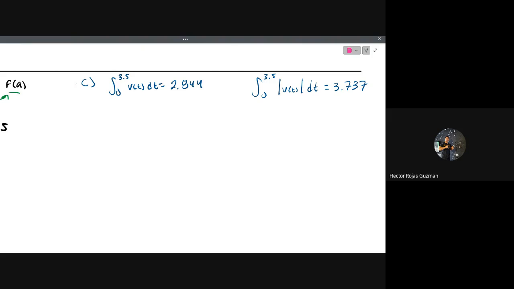Interpret the meaning of each integral in the context of the problem. Well, the first one is talking about the displacement of the particle.